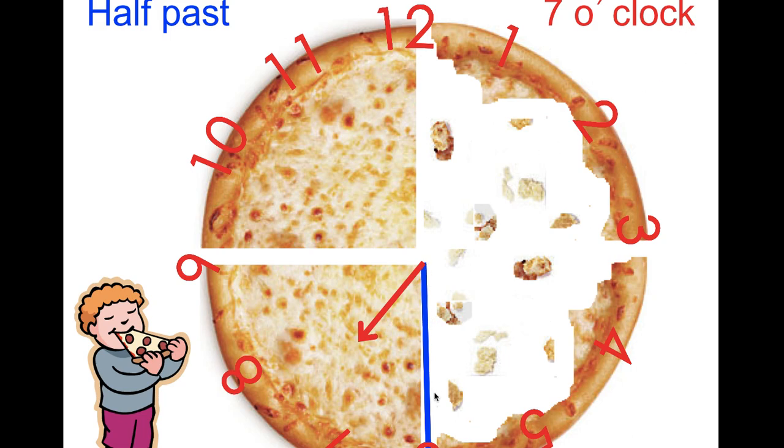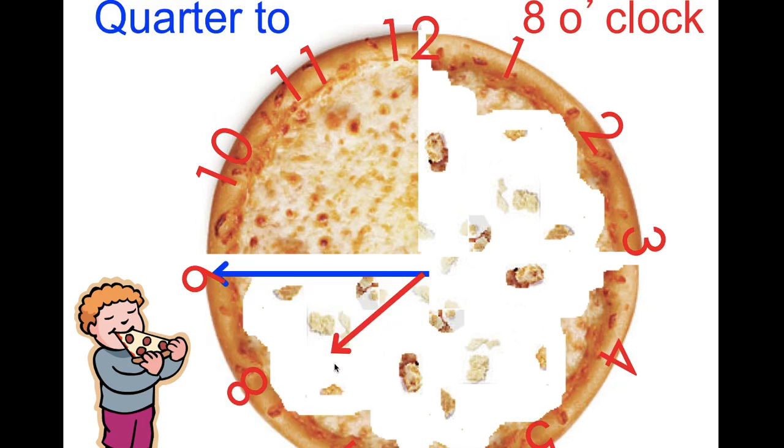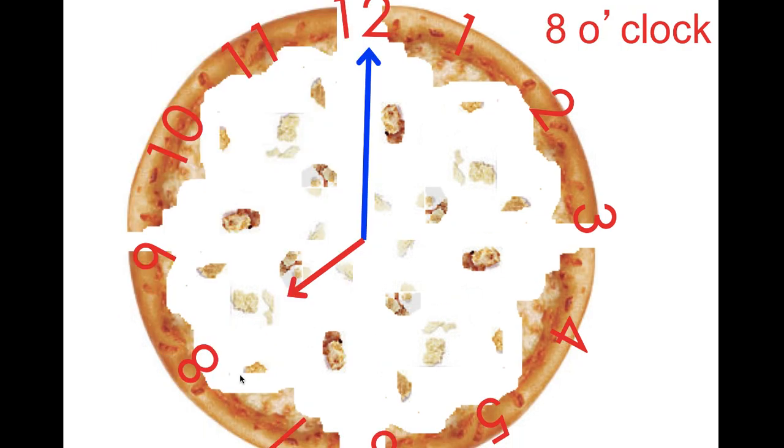At 7:30, 2/4 have gone by, and 2/4 is a half, so it's half past 7. At 7:45, there's only 1/4 left until it becomes 8 o'clock. So we would say quarter to 8.